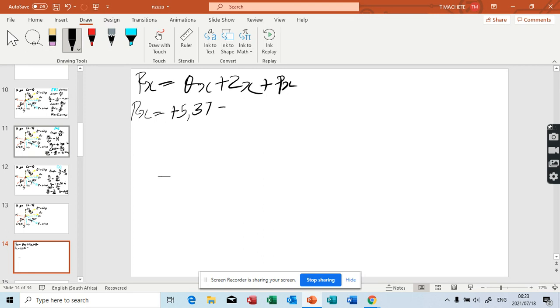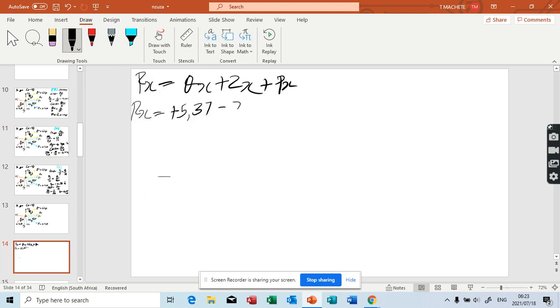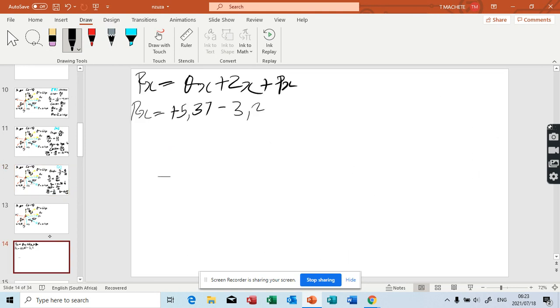I think it's this one. It's negative 3.2. Do you see that? Negative 3.2. And then the next one is our Px. Okay. Our Px is positive 8.68. Then we're gonna have to add these values.